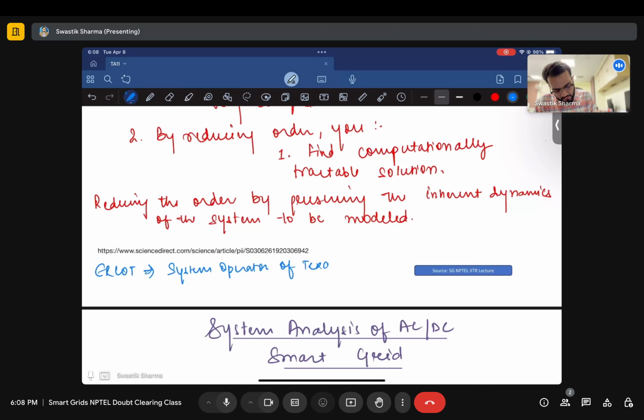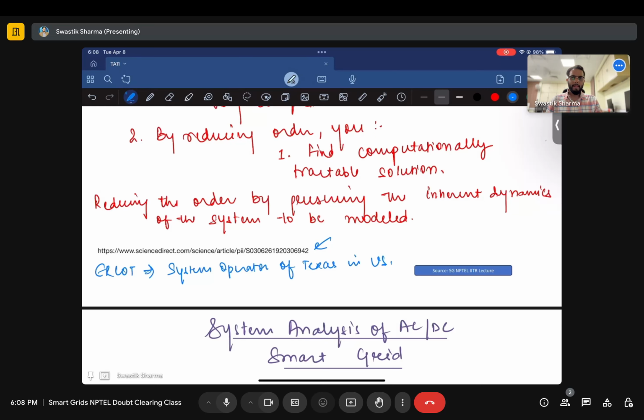Texas is a state in the US, right? So what she did was she modeled their system, and she created two reduced order systems, one a 200 bus system and the other an 8 bus system, right? By keeping the dynamics as close as possible, you can go and check out this paper if you have an interest, and if you want to pursue this research direction.